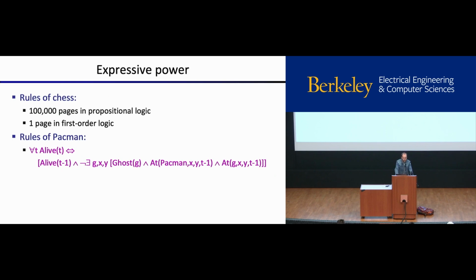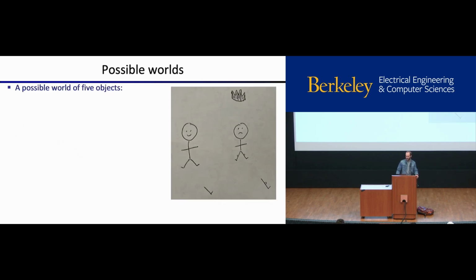So, in propositional logic, a possible world was an assignment of values to variables. Forget about that for this. Sorry, it was a nice, simple state of affairs, but it's not how the world works for first-order logic. Possible worlds in first-order logic are completely different. Here is a possible world of 5 objects that I have drawn.